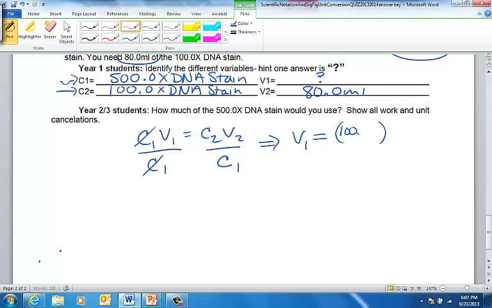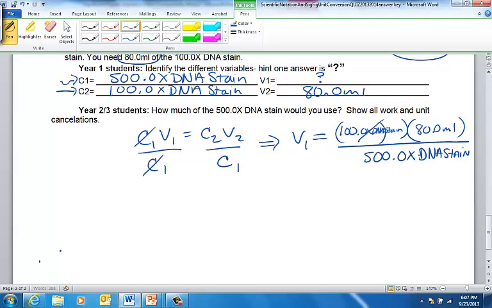Well, 100X DNA stain, that's C2, times V2, which is 80 milliliters, divided by our initial concentration, which is 500X DNA stain.